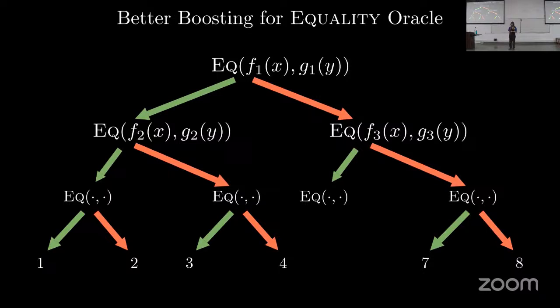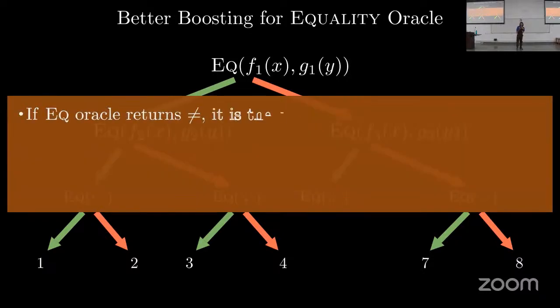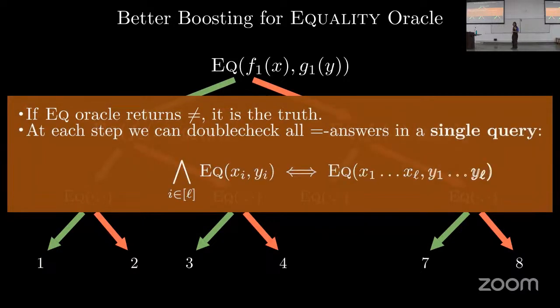Okay, so there are two ideas that we need to make the boosting work. The first idea is that we have one-sided error. So if we get not equal, we know that the strings or numbers are really not equal. And the second is slightly more advanced, but not so much.